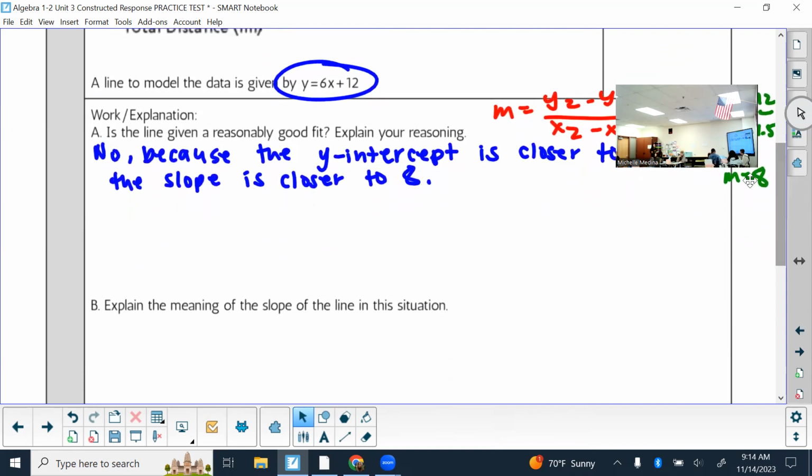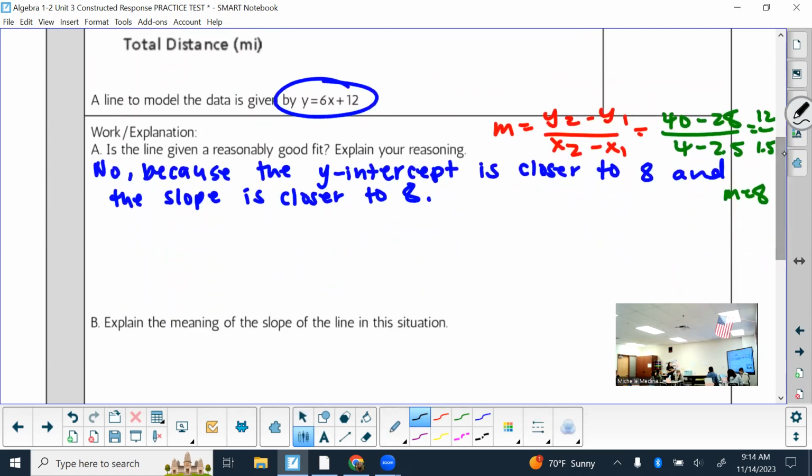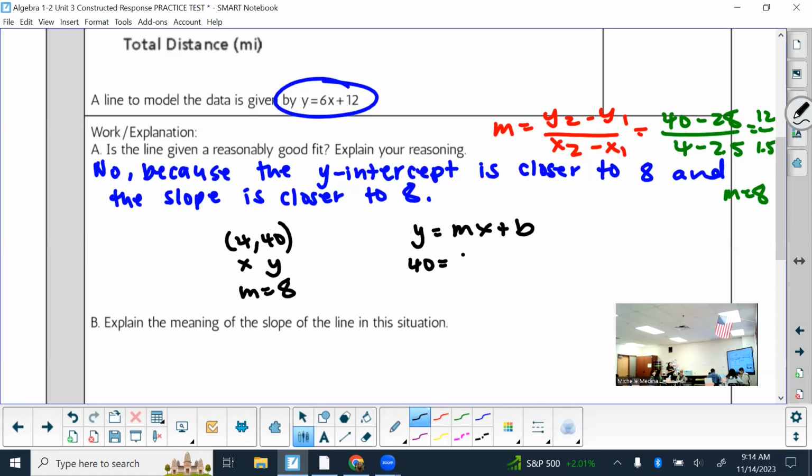So then the rest of it, explain the meaning of the slope. So we found the slope to be, and I do kind of want to see what the real y-intercept is, so let me find that too. I know it looks like it's at the 8 or the 9, but let me just solve that. So for that, you would pick one of your coordinates, like 4, 40 that was on the line. Make that x and y. We said the slope was 8, so when you plug it in like this, 40 for the y, 8 for the m, 4 for the x, you can solve for b.